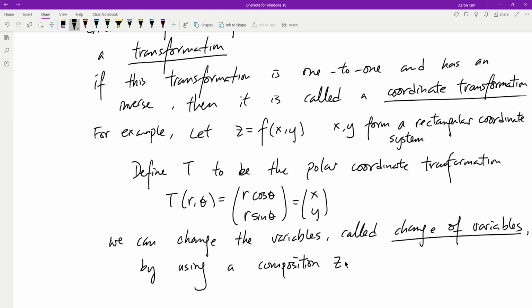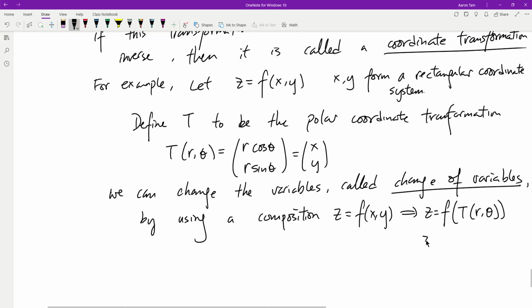Which is z equal to f of xy, and change it into z equal to f of t of r theta. And therefore define z to be a new function, which is the composition between f and t, and more importantly, now the independent variable for z is r theta.